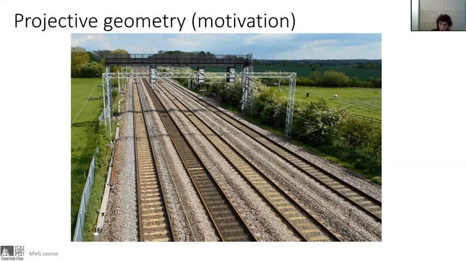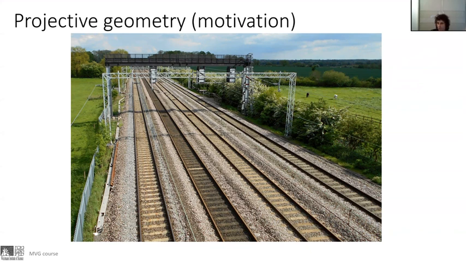So another question is that if I have some parallel lines in the world, they are projected by the perspective projection to lines which are not necessarily parallel, right? And again, can this be formulated mathematically? Also, a line in the 3D world is projected to a straight line in the image.